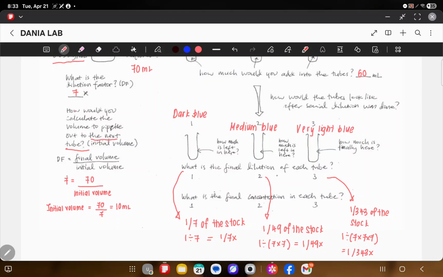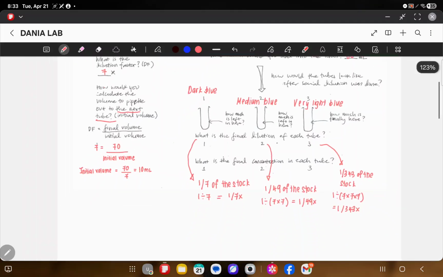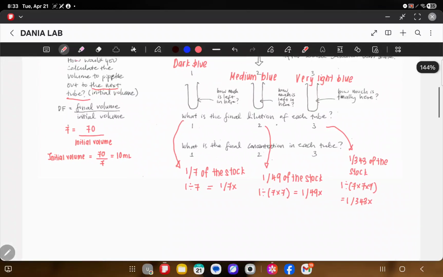This is because each step reduces the concentration by a factor of 7. The decrease is exponential, so the color fades quickly.